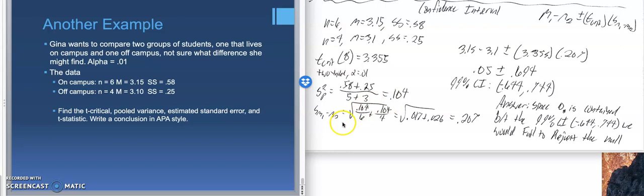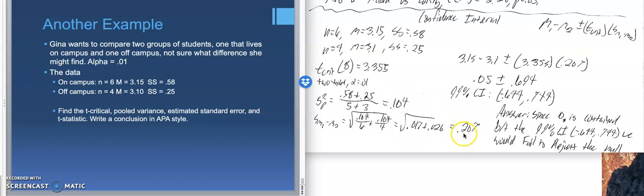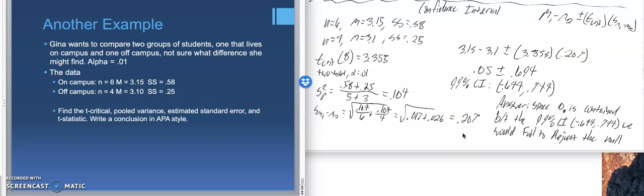Now we find estimated standard error, all under the square root. 0.104 divided by 6 plus 0.104 divided by 4. Again, using N, not DF. All under the square root. 0.017 plus 0.026. We add that up. We do the square root. We get 0.207.